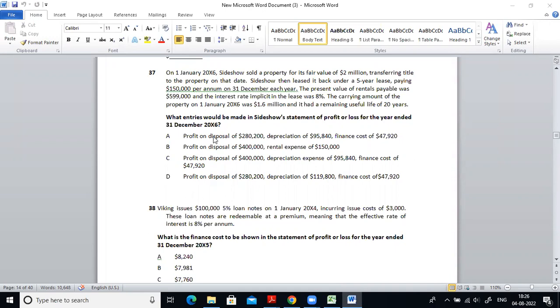But in case of sale and leaseback, you need to compute the profit only on the unretained part. Try to understand this. In case of sale and leaseback, you need to compute the profit on disposal only on the unretained part. You cannot compute the profit on the retained part here.